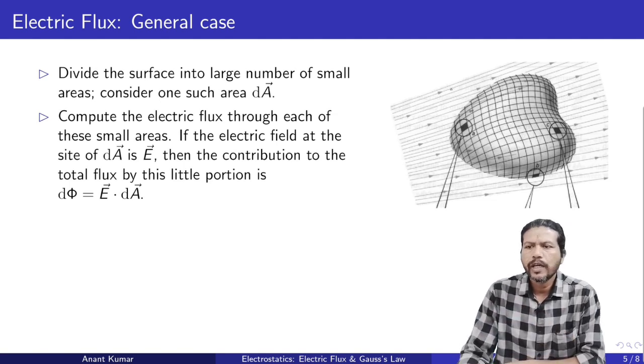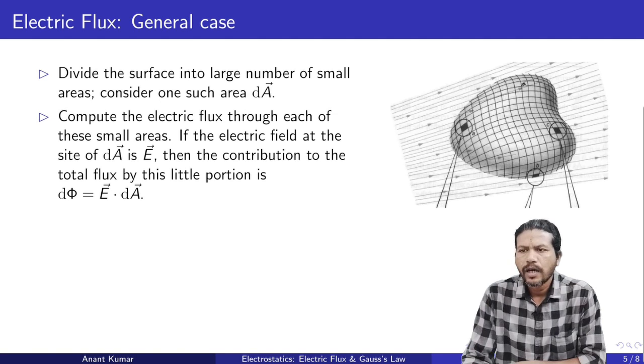So if I do this over every portion, I am going to get a large number of scalar numbers. For every small section of the entire surface, I am going to get a certain scalar number, which might be positive if the angle between E and dA vector is less than 90 degrees, or it might be 0 if the angle becomes 90 degrees, or it might be negative, which will happen, for example, if the electric field vector and the area vector have an angle which is more than 90 degrees.